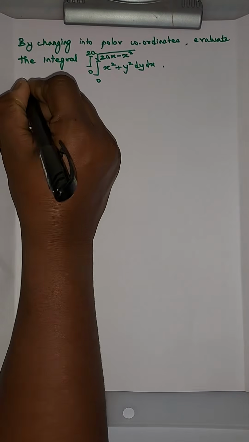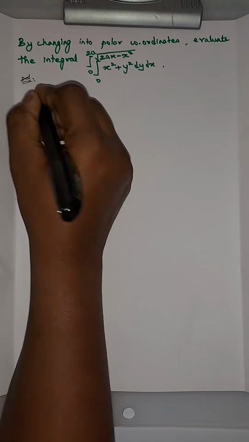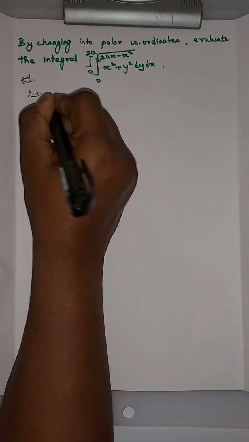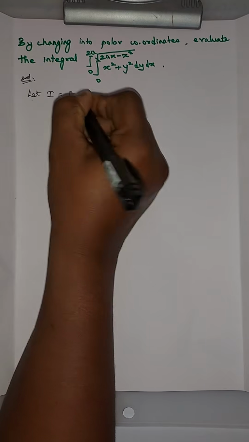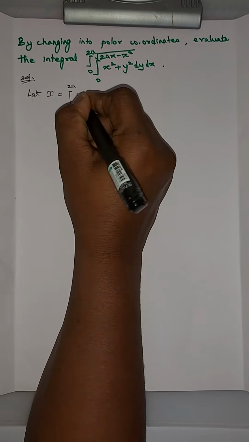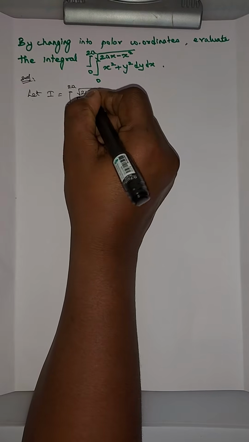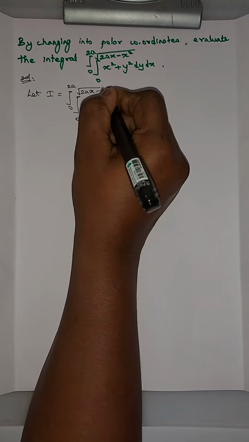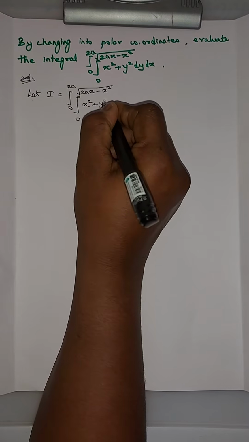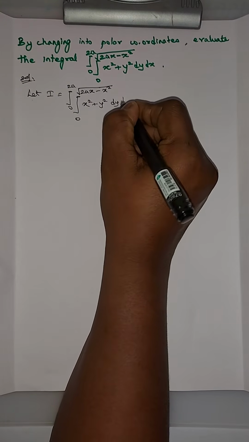Right. So let us first write the given integral as I. Let I is equal to integral 0 to 2a, integral 0 to root of 2ax minus x square, integral function x square plus y square dy dx.